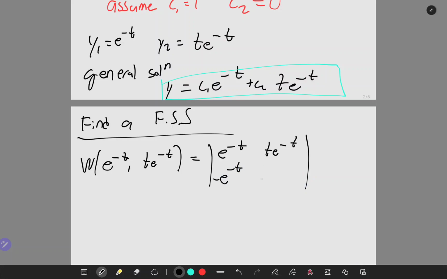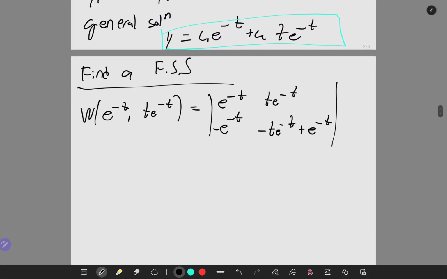This would be product rule, right? So then we multiply these together. That's negative t e to the minus 2t and plus e to the minus 2t.